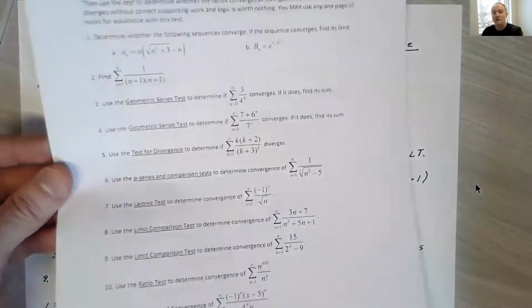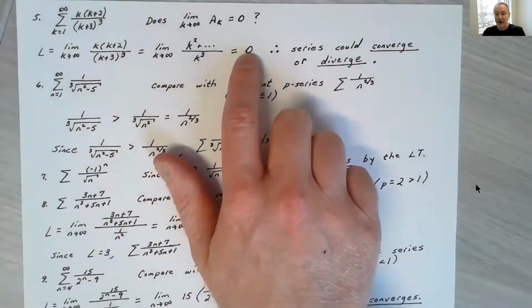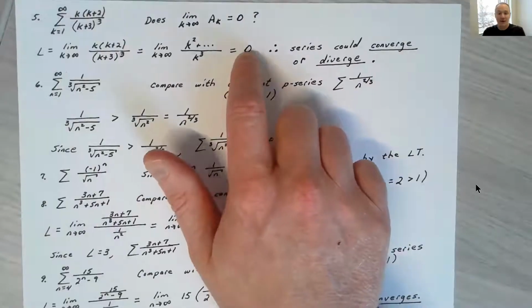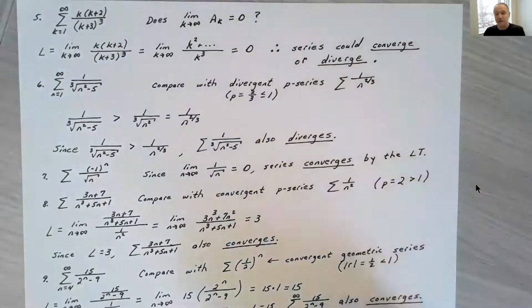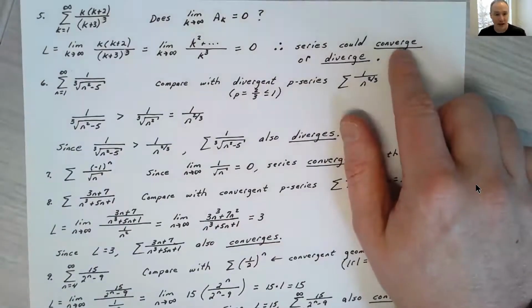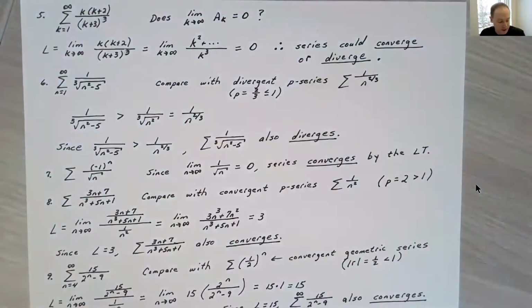The only time it tells us something is if this is some finite value other than zero, and in that case it would tell us it diverges. Here, it could diverge, but it could also converge. So the divergence test doesn't help a lot in this problem, but that's okay. We still use the test for divergence.